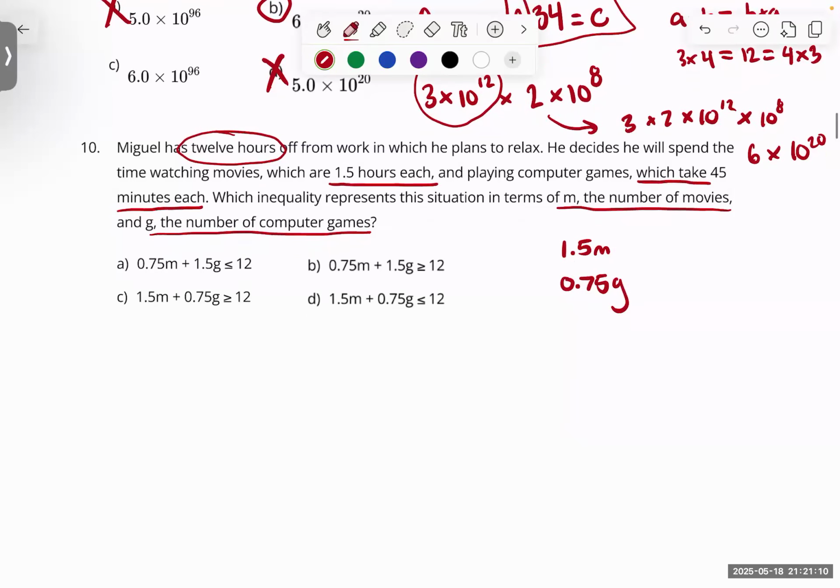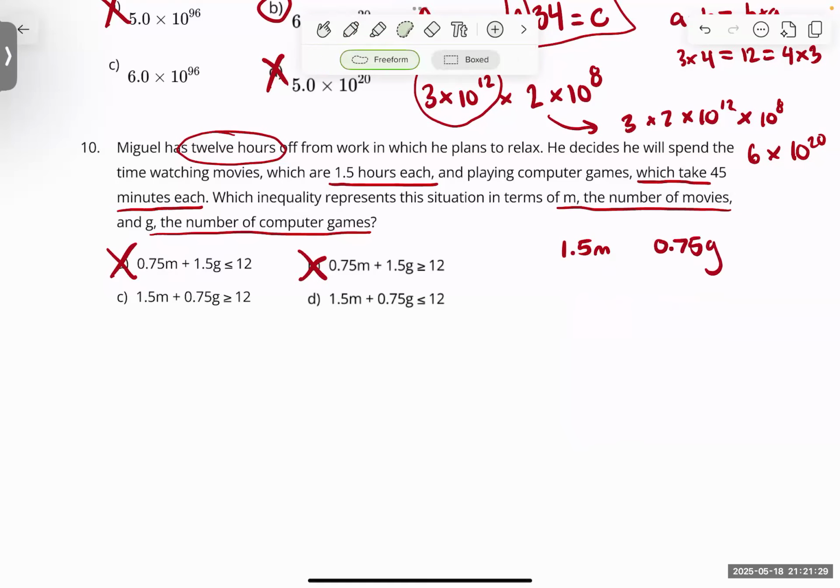So computer games takes 45 minutes each, which means 0.75 times G. So that eliminates A and B because the variables are mixed up. The variables don't match what the question is asking. So what do we do now? We're mixed up between two answer choices.